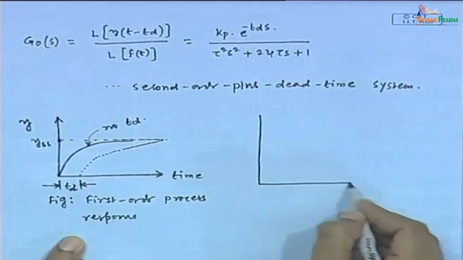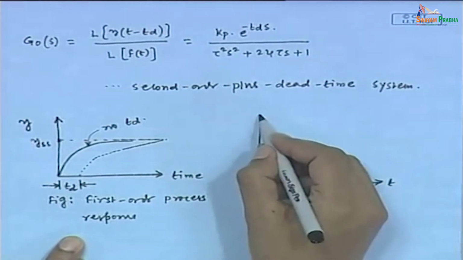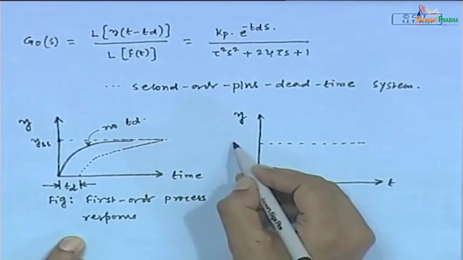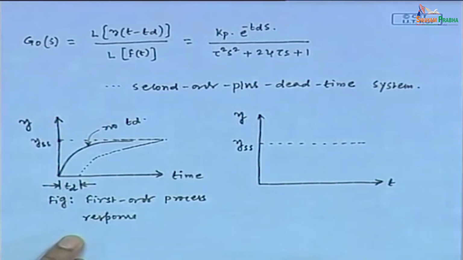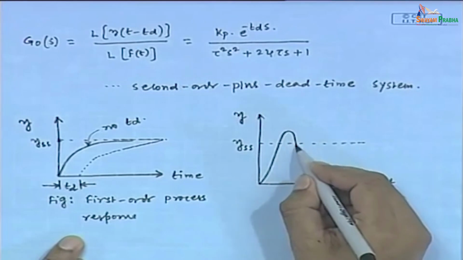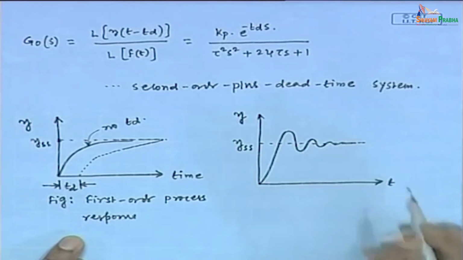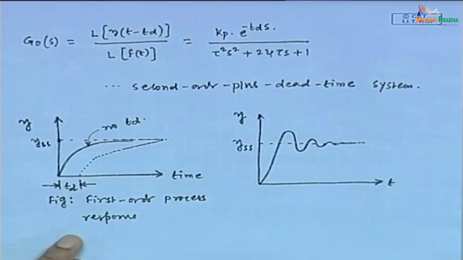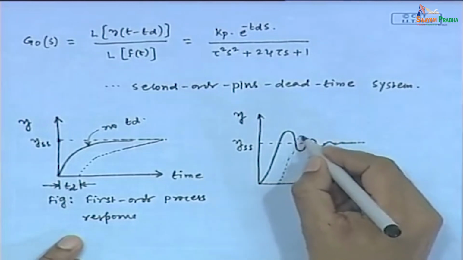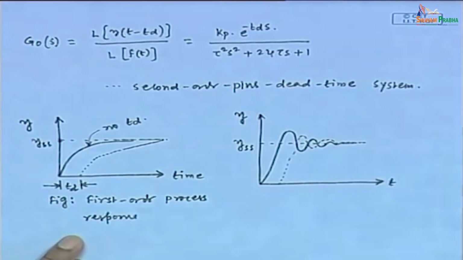Similarly, if we consider the second order system, this is time, this is y. This value is the steady state value of y. Then for the second order system, we get this type of response. Definitely this is the second order underdamped response when zeta less than 1. If there is dead time, then the response is like this.